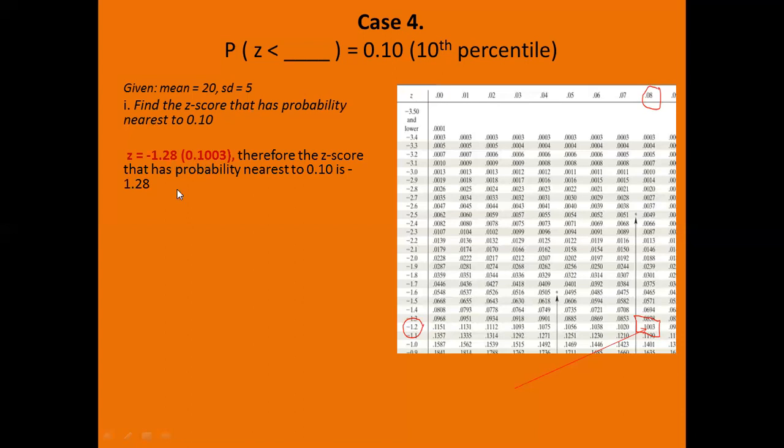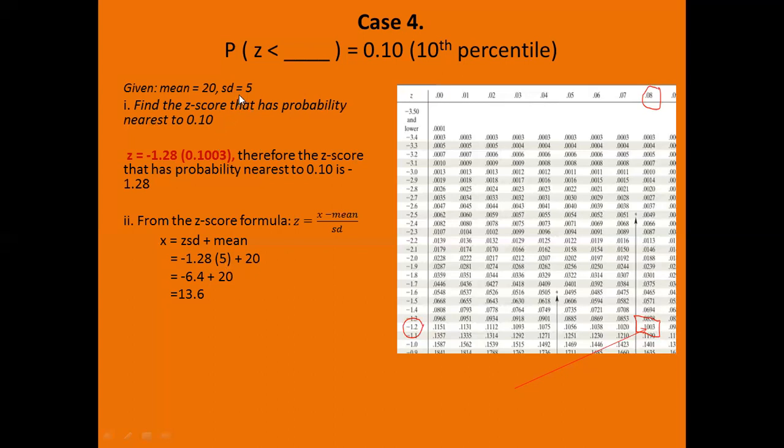Okay, pero hindi pa tayo tapos kasi we're looking for that value of your x. Okay, so take note, ito po yung z-score formula natin. From the z-score formula, you look for an equation of your x. So manipulating this equation, ang equation ng x natin is the standard score times the standard deviation plus the mean. So substitute nyo lang po yung makukuha yung standard score. So negative 1.28 times 5, your standard deviation.